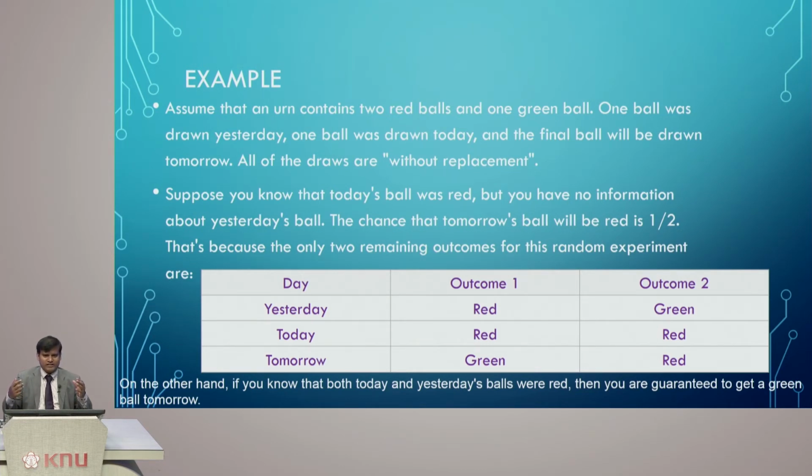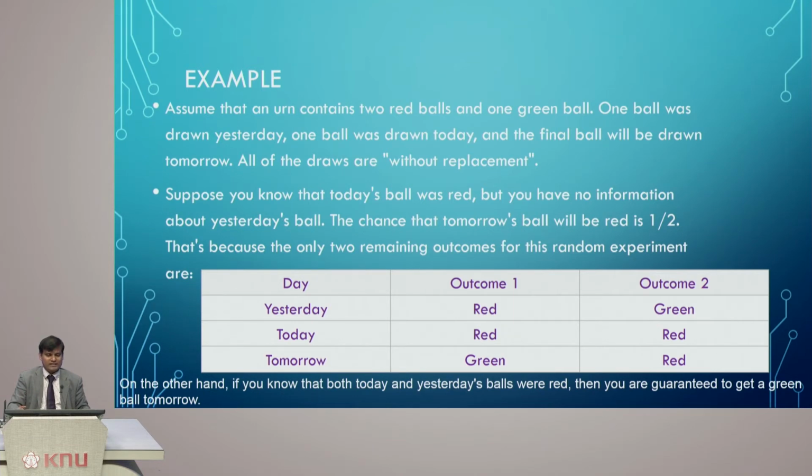Let's say that the ball you picked up today is a red ball. You know what it is, but you don't know what was picked up yesterday. We don't have the memory. We don't know the past event. But for today's event, you are very sure that it is a red ball. Now if you want to estimate the future, that is, what will happen tomorrow when you take from this bag, the probability would be 1 by 2, right?